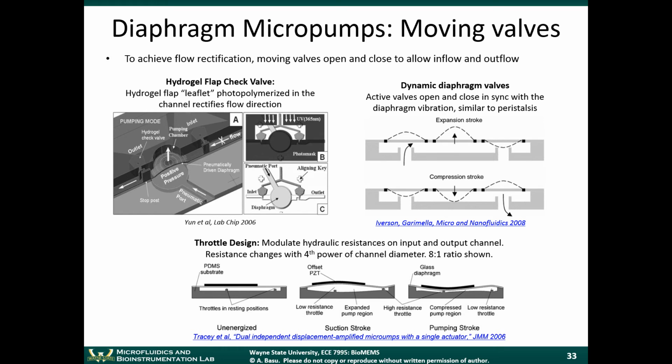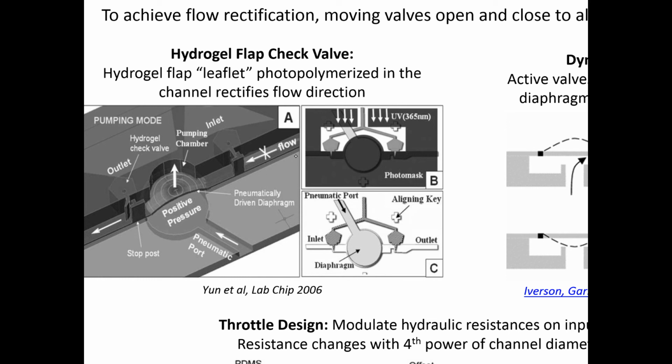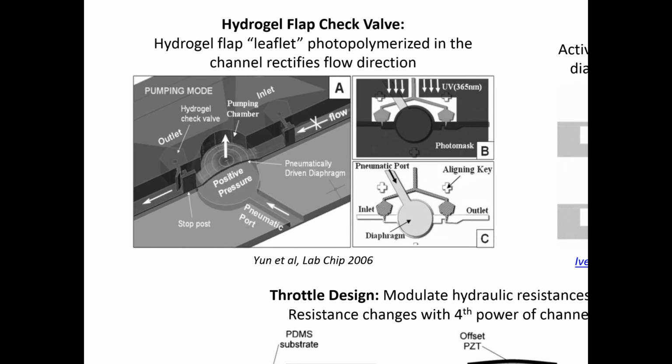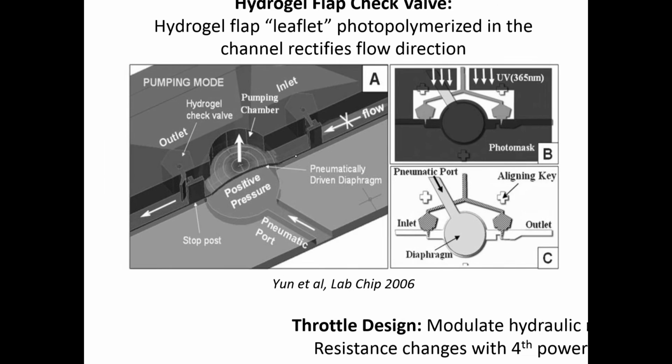A few examples of how these valves were made. It actually can be a little tricky to create valves on a chip, okay? Because this valve actually has to be free to move. A lot of times when we do microfabrication steps, the parts that are in there, if, for example, let's take a look at this on the left side of this diagram here. So this is one of the valves.